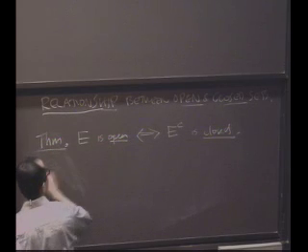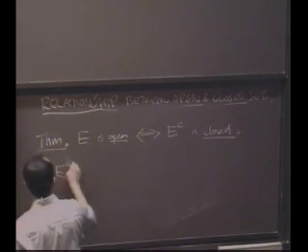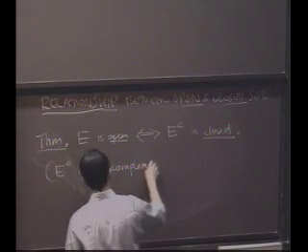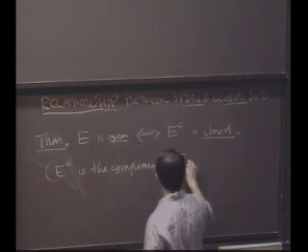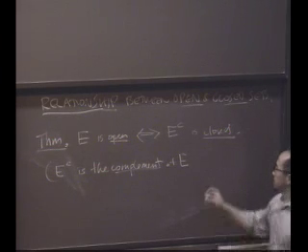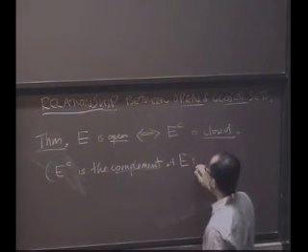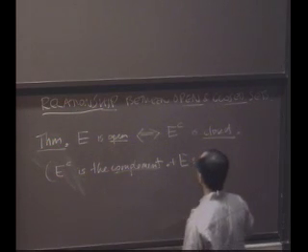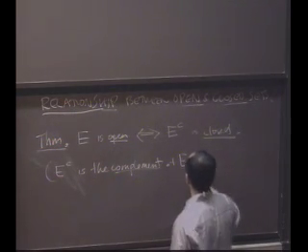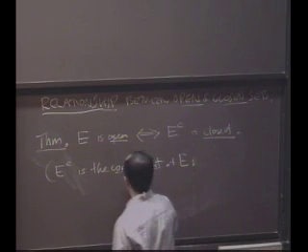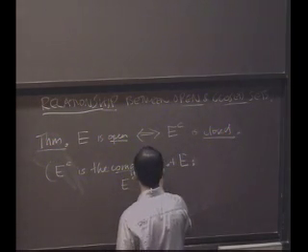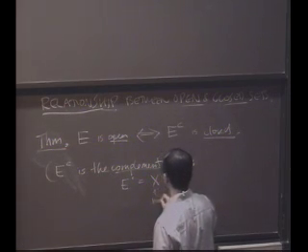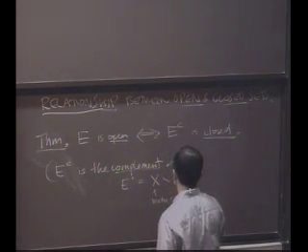So here, E complement is the complement of E. It's defined to be the set of all points that are not in E. So they're in the metric space X, but not in E. So the definition is E complement is basically X minus E, where X is the metric space that you're in.